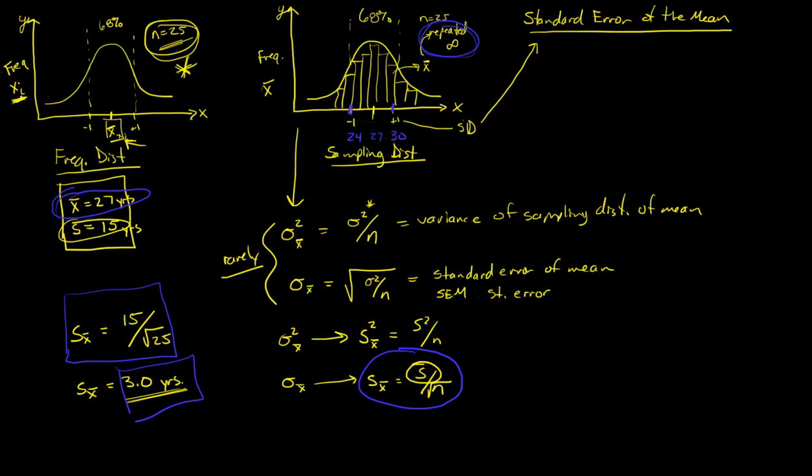So hopefully that hasn't muddied things up too bad. The big concept to take home is that you've got two distributions: frequency distribution and sampling distribution. On the frequency distribution on the left, you're calculating sample statistics. We can get a mean, variance, standard deviation. The sampling distribution is on X bars.